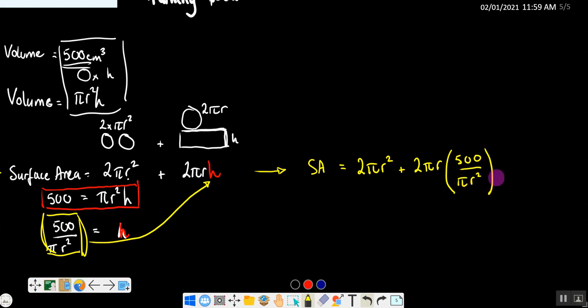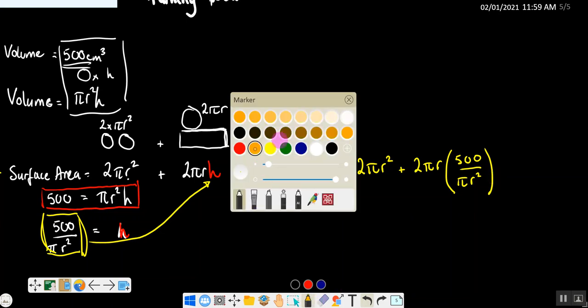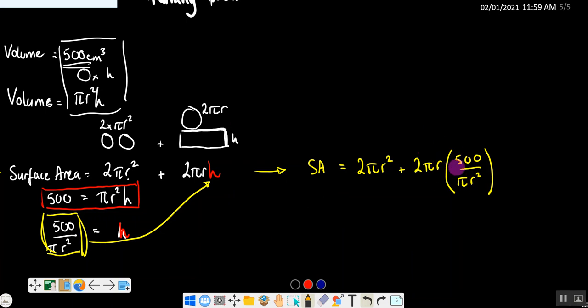It replaces the h completely, yeah? Use brackets. Now we've got some simplifying we can do, which will be quite nice, because it looks horrible at the moment. If I expand this bracket, multiply out, what do I end up with?